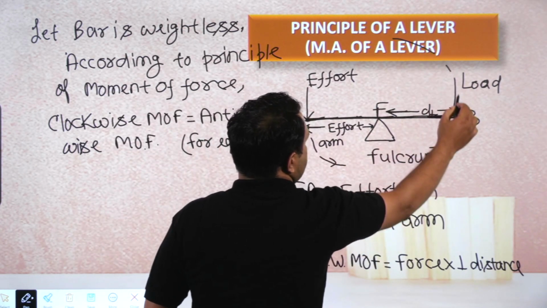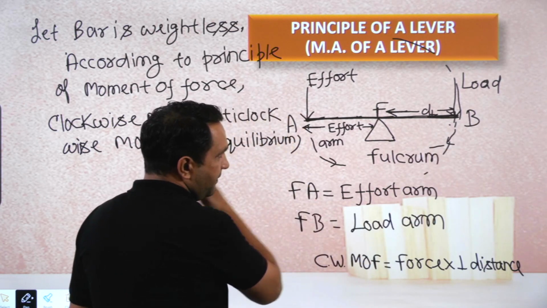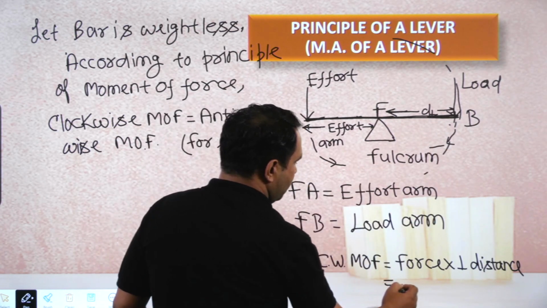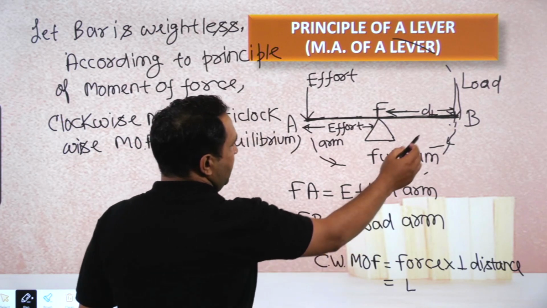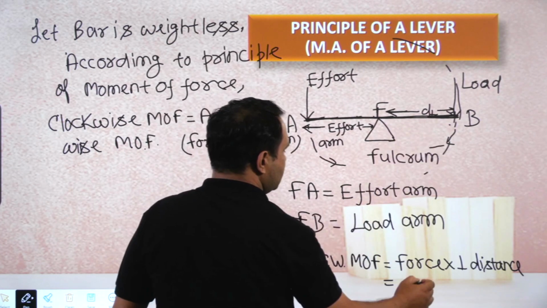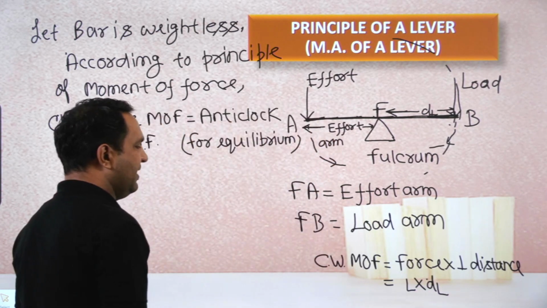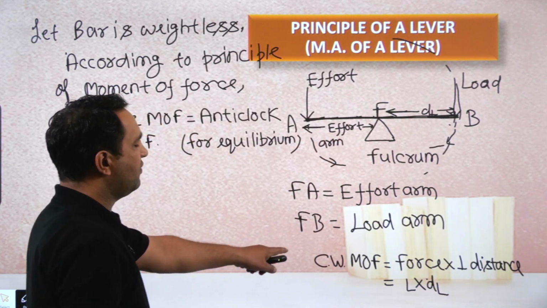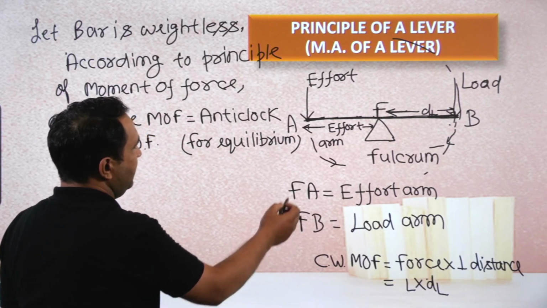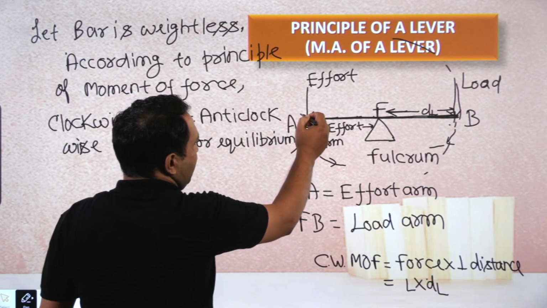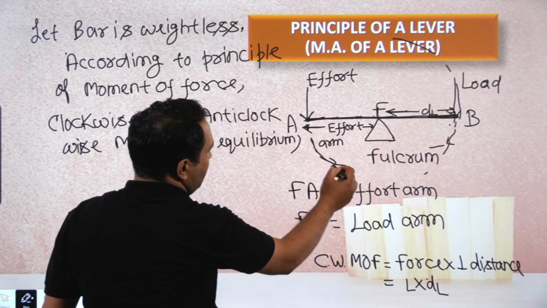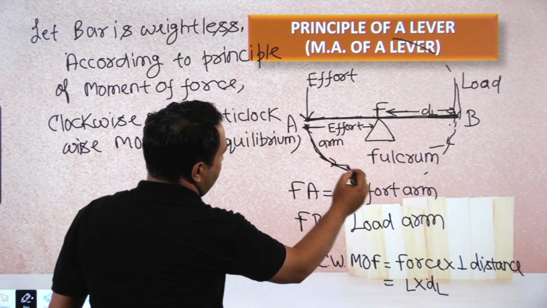So here the force will be the load and the perpendicular distance is FB, which is equal to dL. So load into dL. For the anti-clockwise moment of force, the effort is applying the anti-clockwise moment of force. This is the direction of effort.